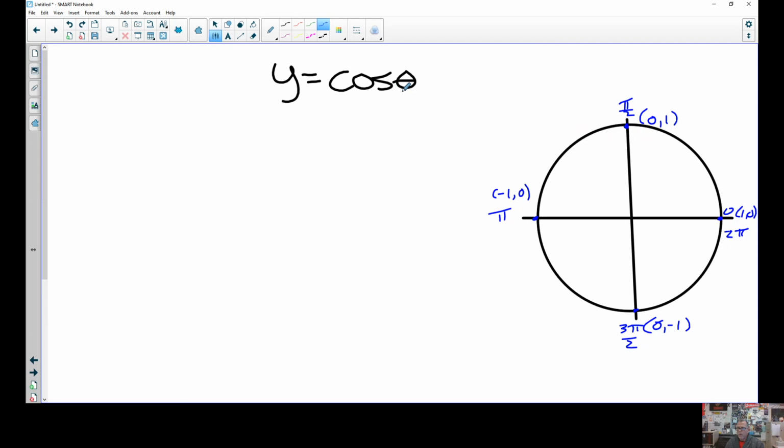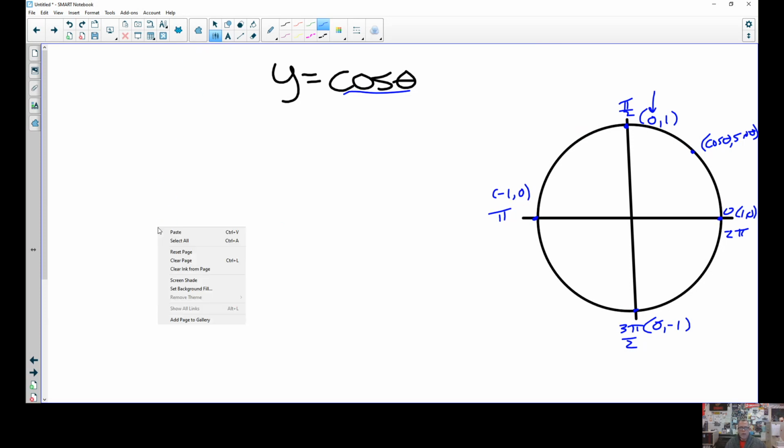So now what are we worried about with cosine? Cosine is that x value, right? Any position on the unit circle is cosine theta, sine theta. So we're talking about the values that are the x's. And again, these 5 key values, 0, pi over 2, pi, 3 pi over 2, 2 pi, are going to be the ones that help us draw all our graphs.